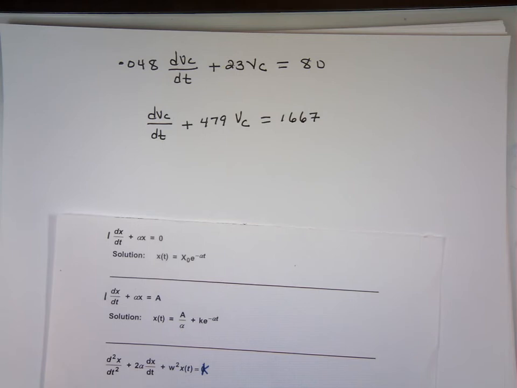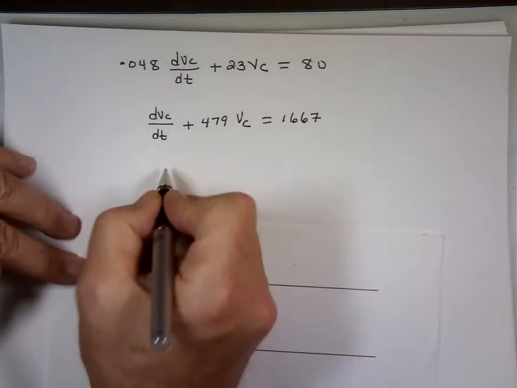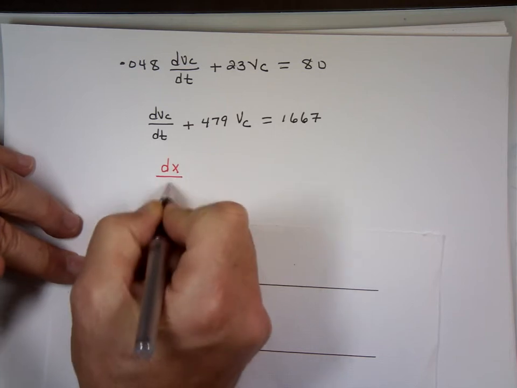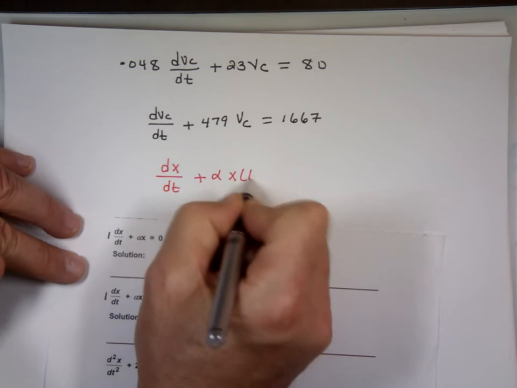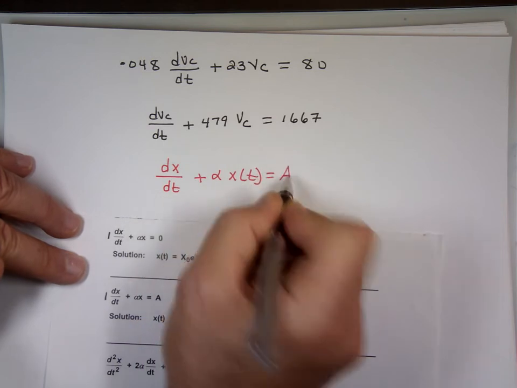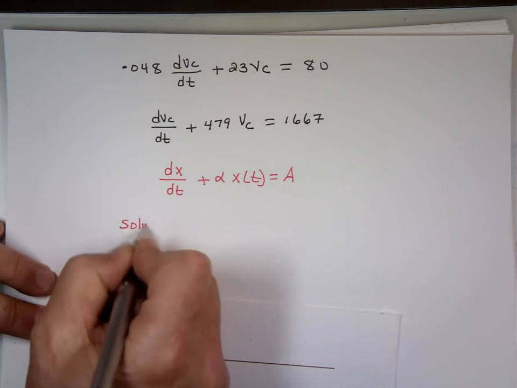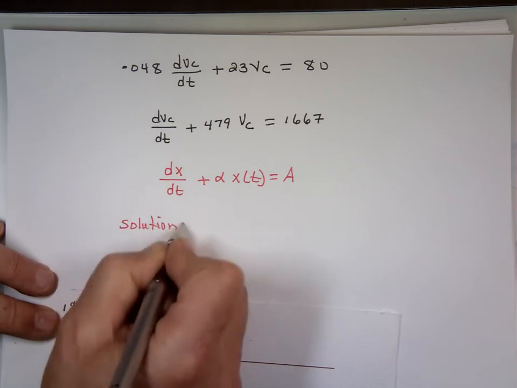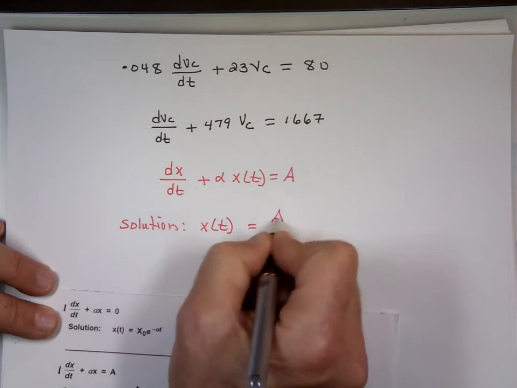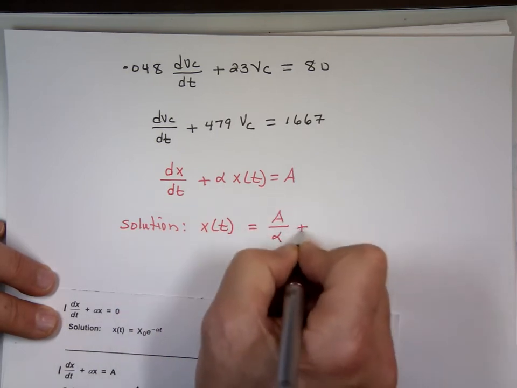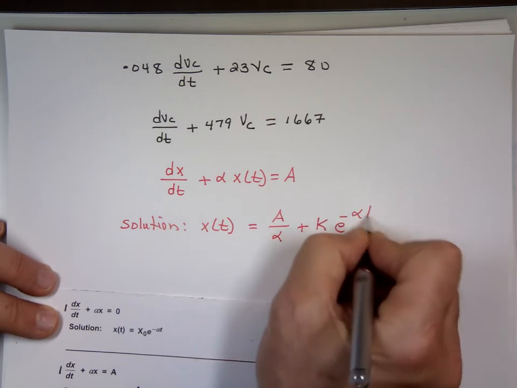Now that matches this differential equation. The differential equation says if you have an equation that looks like this, if you have that, then your solution to that will be A over alpha plus some constant which we'll have to find, e to the negative alpha t.